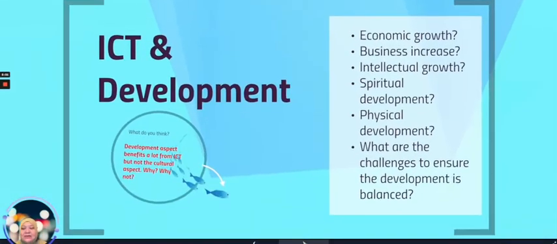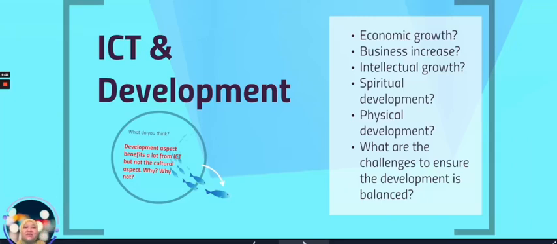Now let's have a look at how ICT influences development. What about ICT and economic growth? How does ICT influence business increase? And what about intellectual growth, spiritual development, physical development?